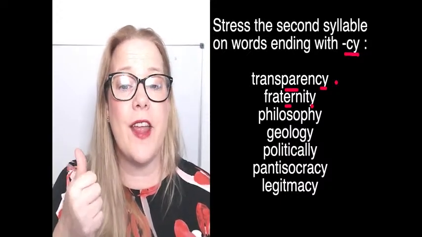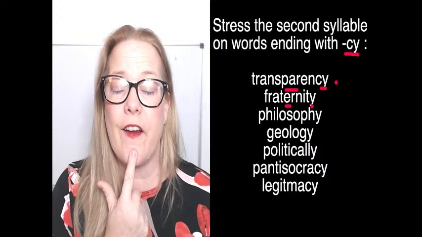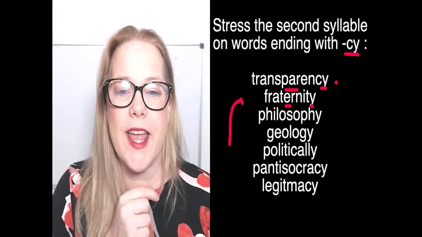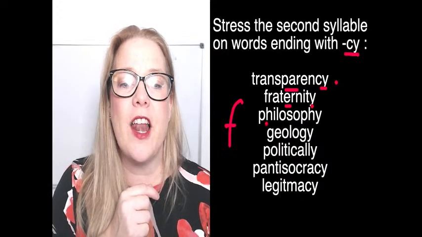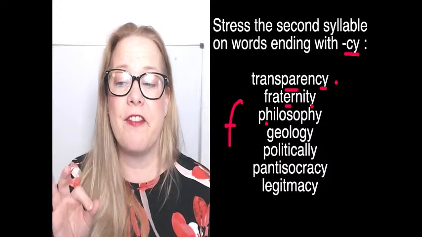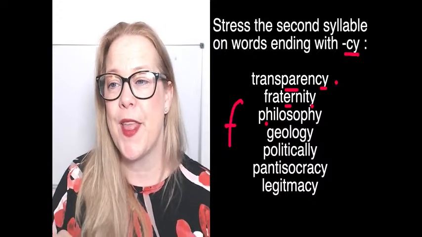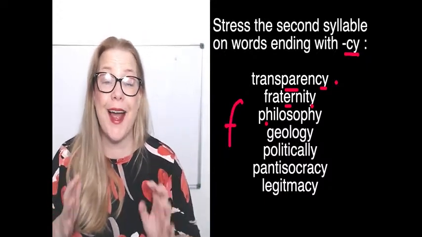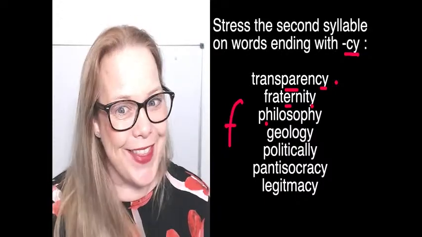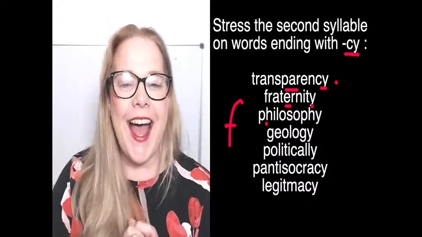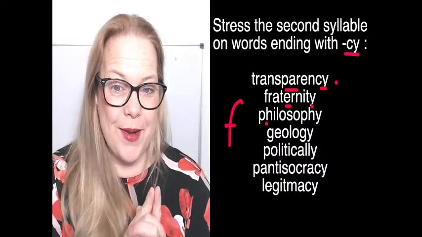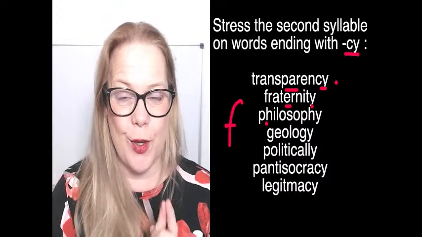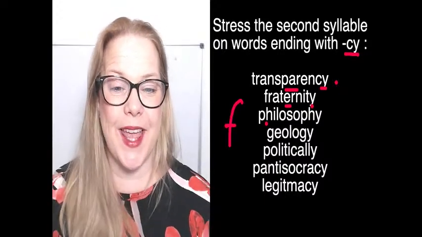Philosophy. Notice I'm also saying an F. Philosophy. I hope everybody is practicing at home with me. And in a moment, we're going to go into sentence construction with these words, okay?